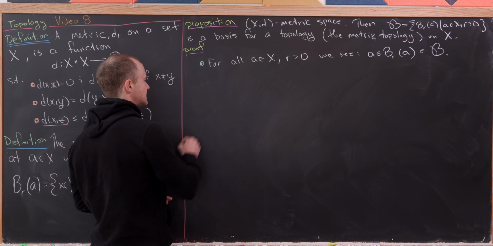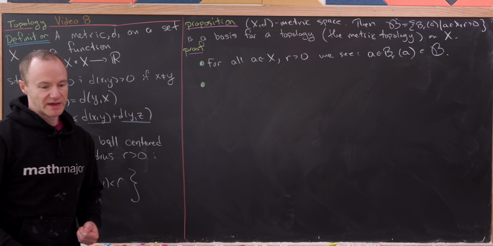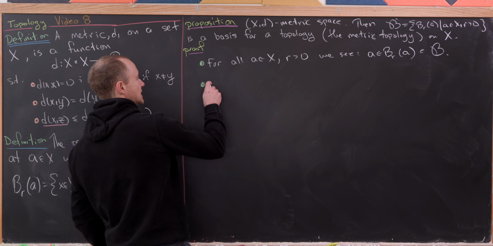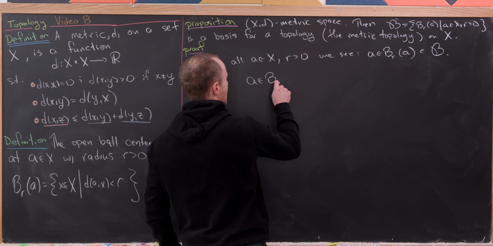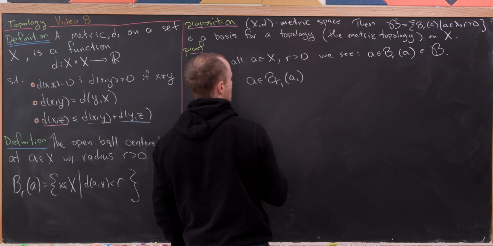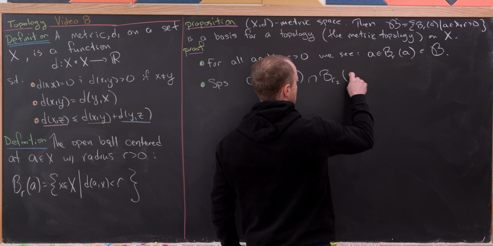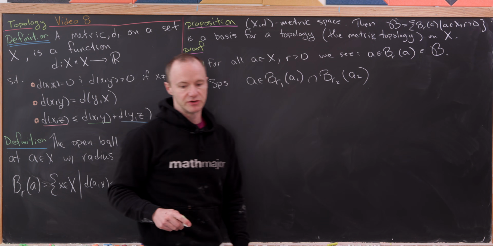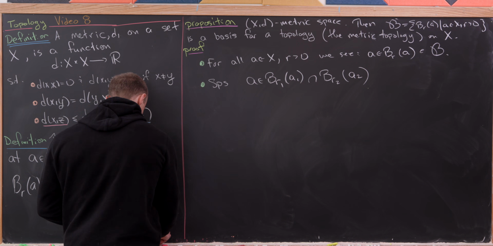Okay, and then let's also recall that there's some sort of intersection condition on the basis elements. Let's suppose that we've got a point A and it's inside of the ball of radius R1 centered at A1 and the ball of radius R2 centered at A2. Now, we might want to make a picture of what's going on here.